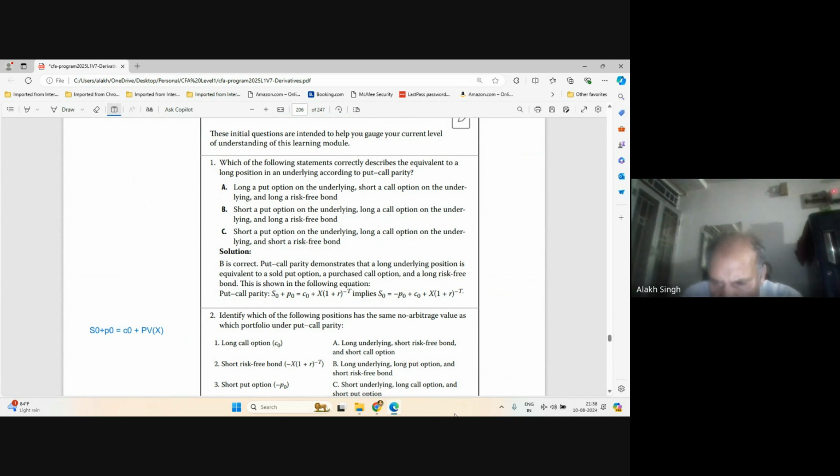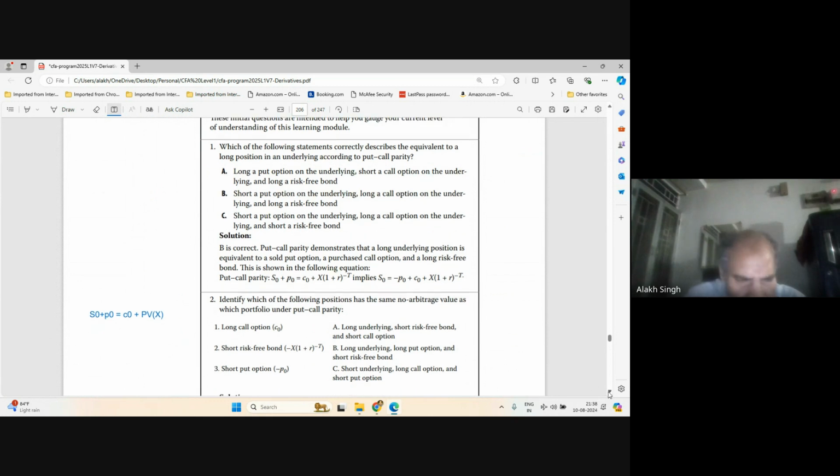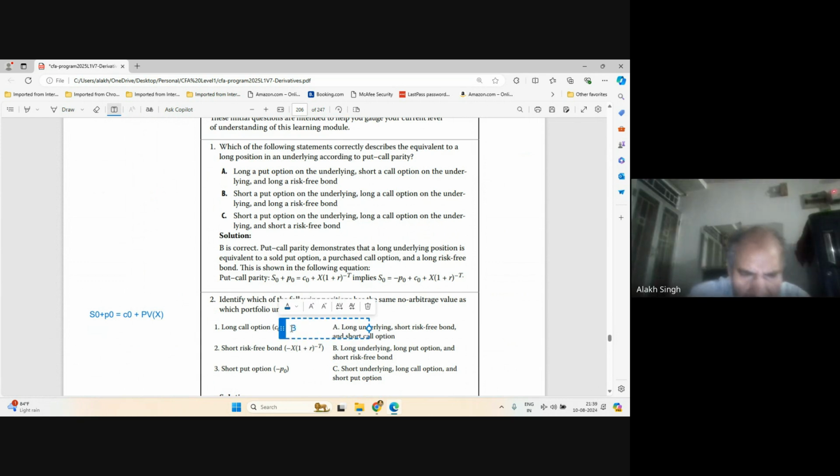So this option is wrong. Long C will be S0 long, P0 long, and minus short. So long underlying correct, then long put correct, and short. B is the correct answer.